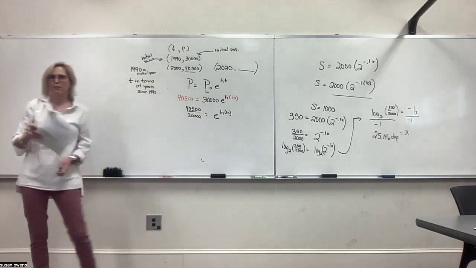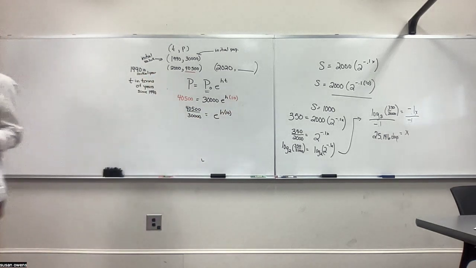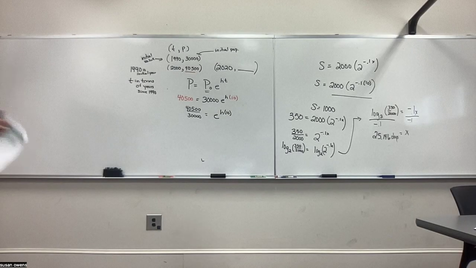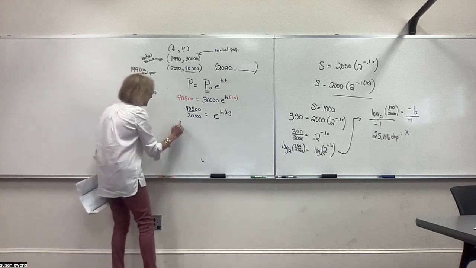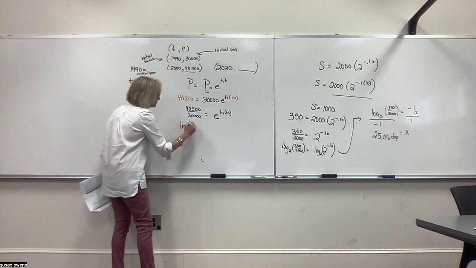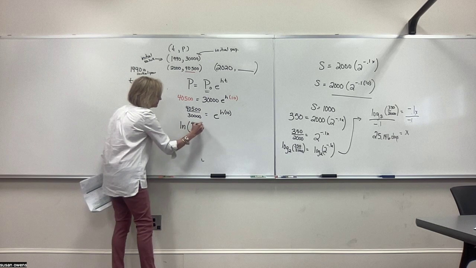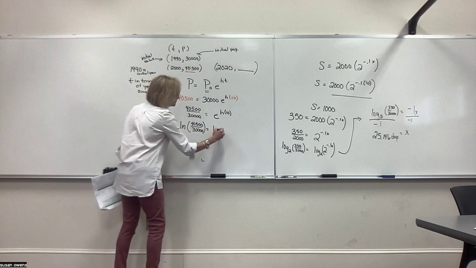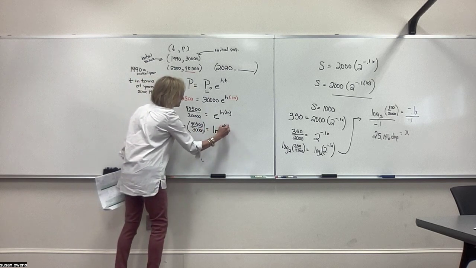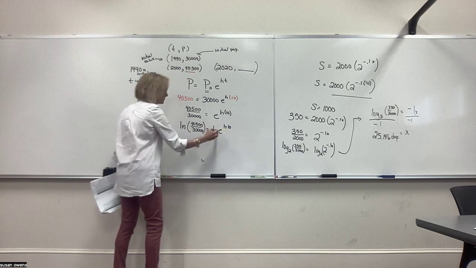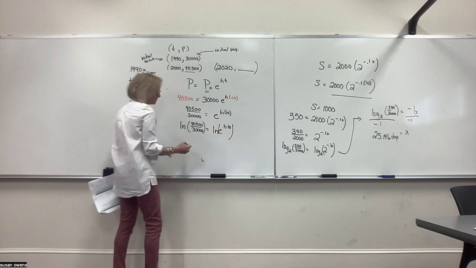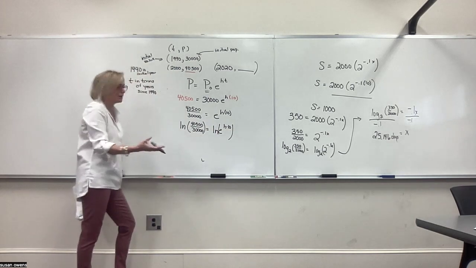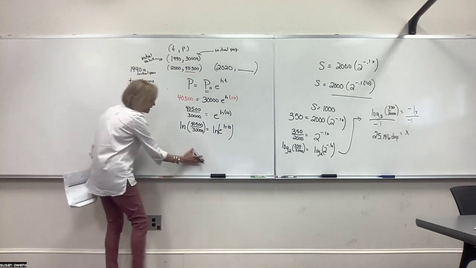Okay. We have a base of e, so what kind of log should we take on both sides? The natural log, or log base e. Ln of e is 1, so I can bring that 10h down.